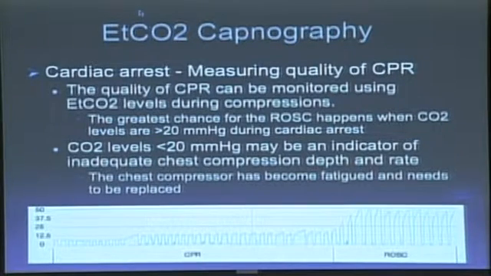When you get return to spontaneous circulation, that often shoots from 20, 24, 25, 26 up to normal CO2 levels, meaning you've got return of spontaneous circulation and adequate ventilation and perfusion of the lung. CO2 levels less than 20 could mean you're doing inadequate chest compressions, that your CPR could improve. So we're trying to get the level above 20 if possible.